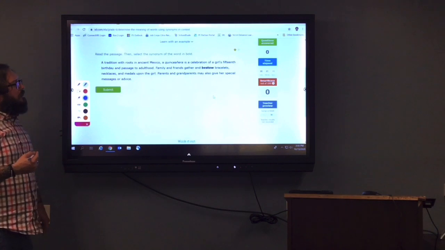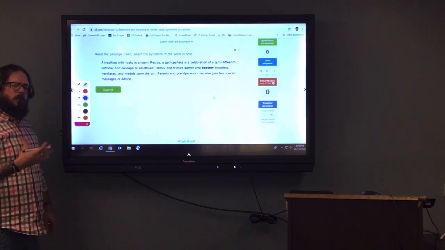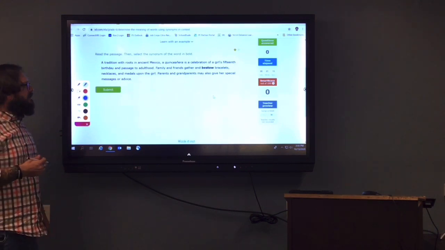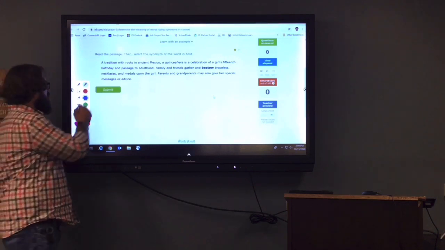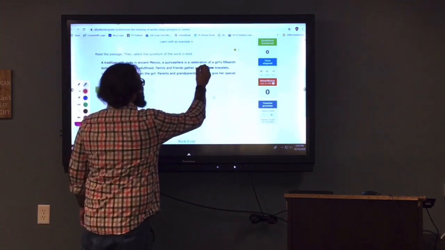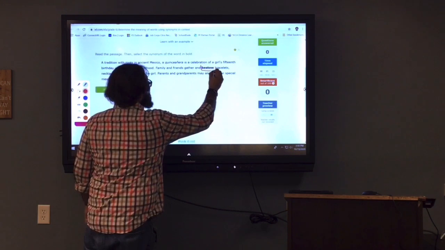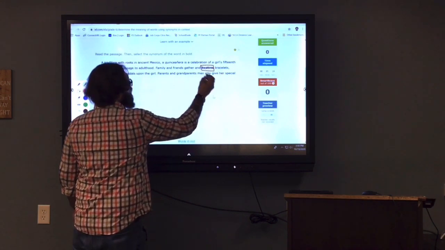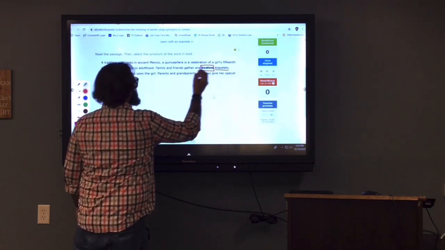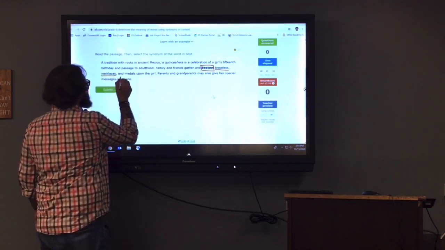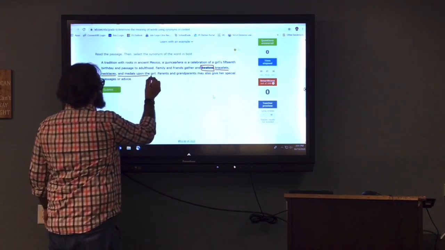So the word that we're not quite sure what it means in this passage is bestow. It says that friends gather and bestow bracelets, necklaces, and medals upon the girl.